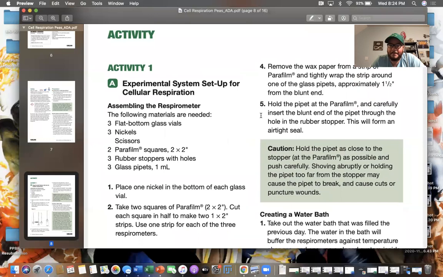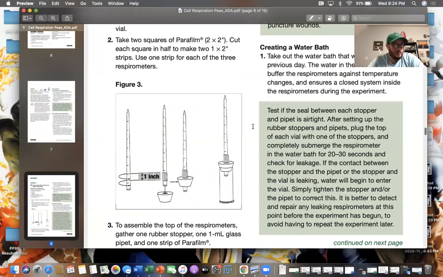All right, so then we are going to hold the pipette at the parafilm and carefully insert the blunt end of the pipette through the hole in the rubber stopper. This will form an airtight seal. Again, refer to the image, so narrow sides down because it's going to go into the vial. We're just going to wiggle it on through.